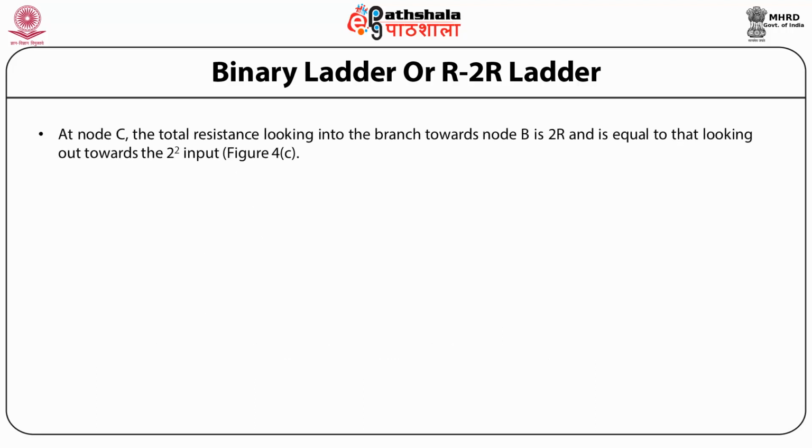Now, at node C, the total resistance looking into the branch towards node B is 2R and is equal to that looking out towards the 2^2 input.